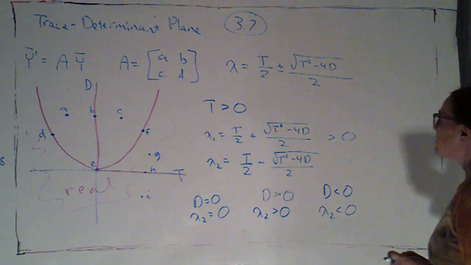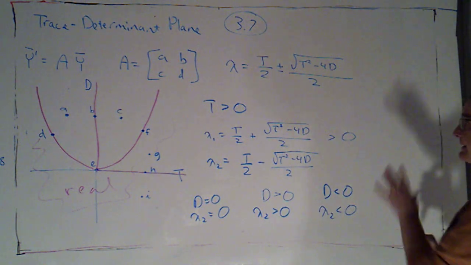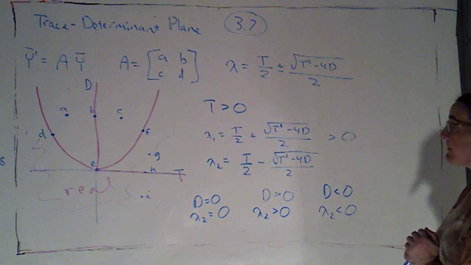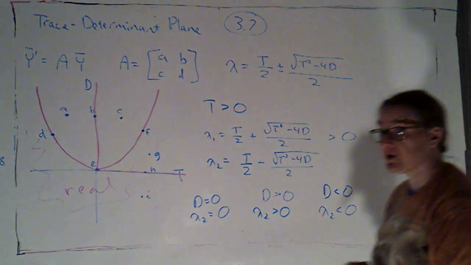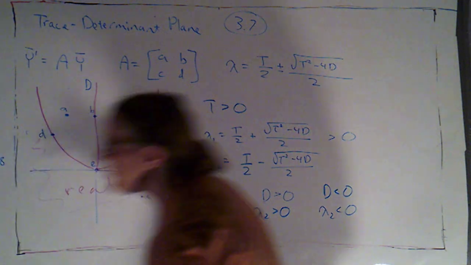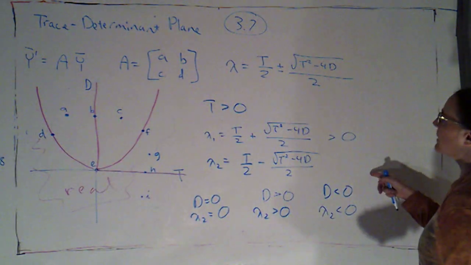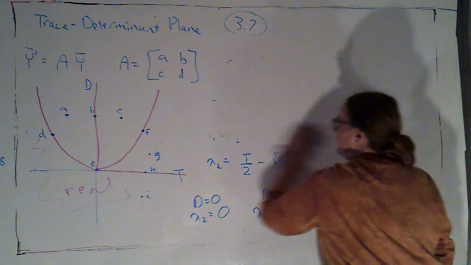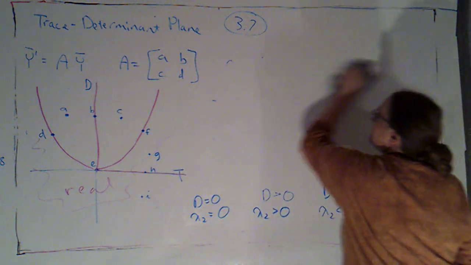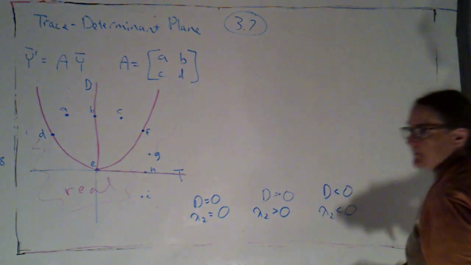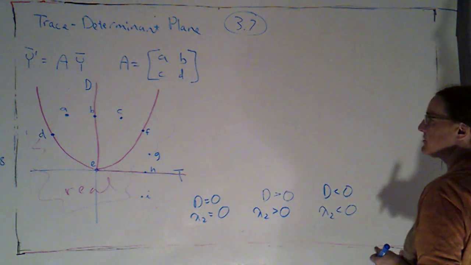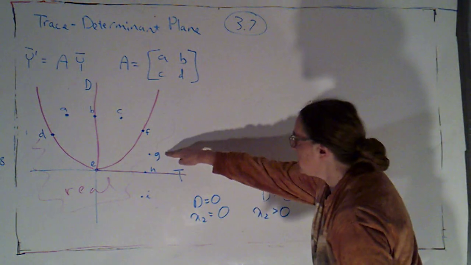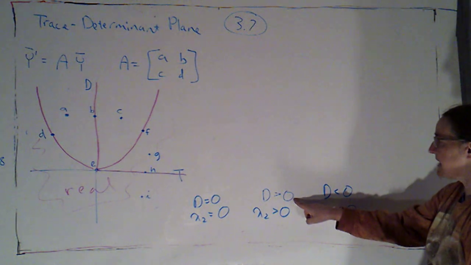Okay, so let's see if we can now look at the different types of phase portraits we could get at these locations. Let me keep this information up but erase the rest. So G, that was when d was positive.